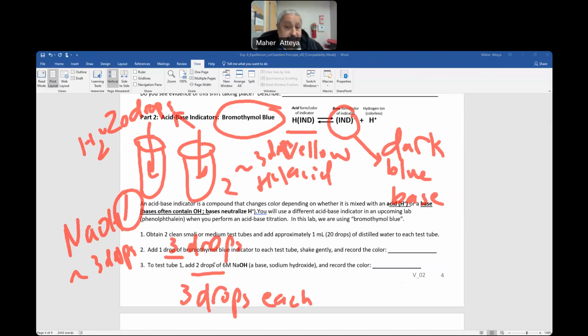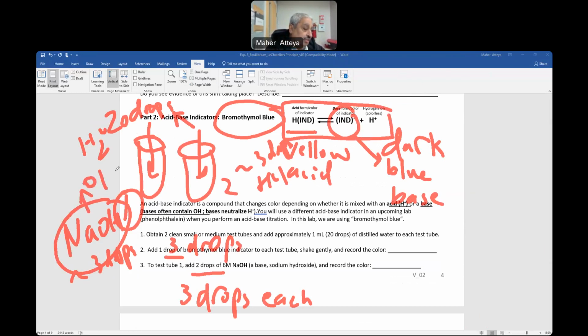Well, can I take this one here? I'll show you what will happen. When you add sodium hydroxide here, here's your balance. Sodium hydroxide has OH. That's the base. It will combine and remove the hydrogen, the proton, H plus. So this arm will be what?